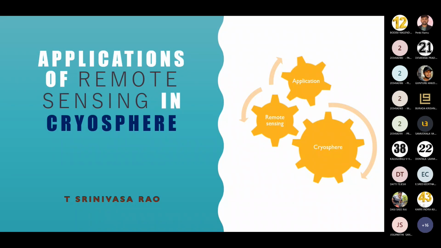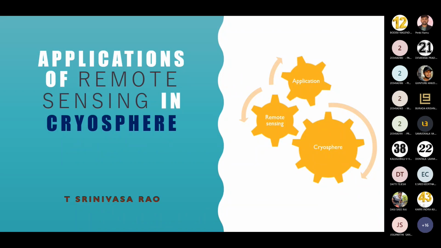First of all, I would like to thank Ramu sir for inviting me to present this session on application of remote sensing. The title of the presentation, which is conveyed to you, application of remote sensing, is very generic.